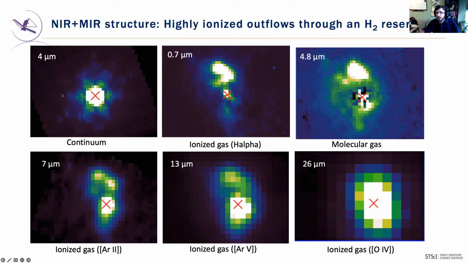I'm showing you the 4 micron image, just illustrative. You can see how it's not really just a bright central point source with the PSF petals around it that we're subtracting out. After you do that, you can see that the ionized gas has a strong column of emission up through that northern lobe. That northern lobe is certainly not a single knot, though. It's got a number of other sub-pieces in it as well.